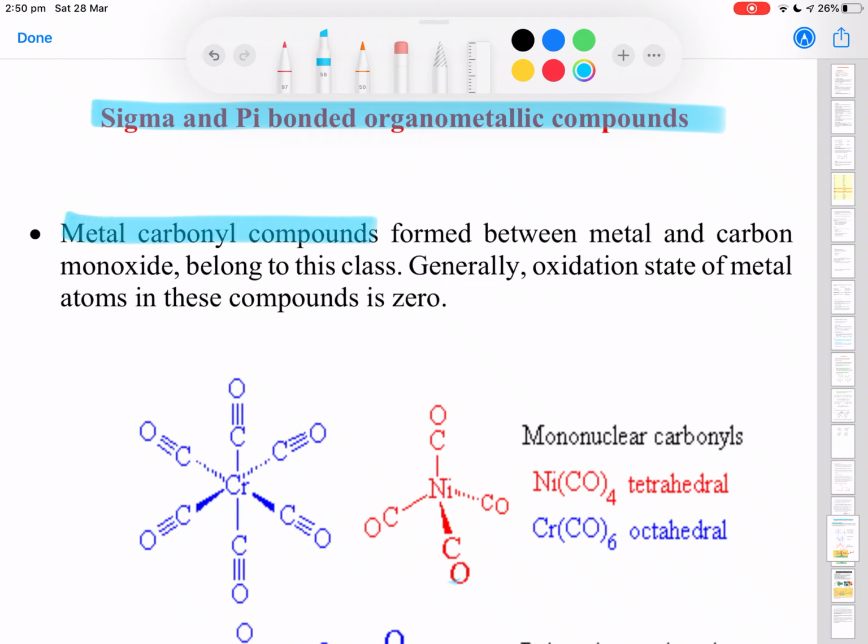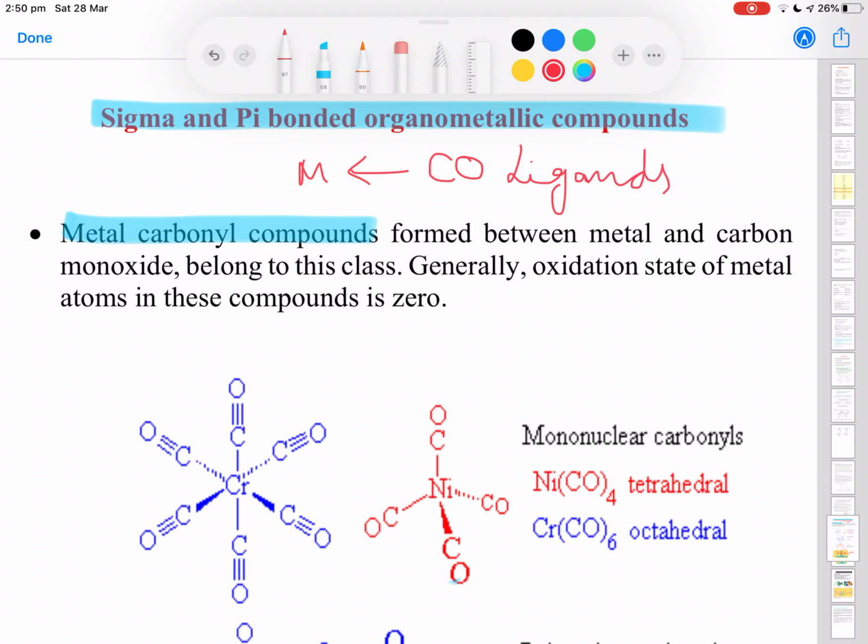And you know carbon is considered a member of organic compounds, or indeed all organic compounds are made up of carbon. So when there is an association between the metal atom and the carbon atom in any of the ligands, for example, here we are taking the case of the carbonyl group, that is carbon monoxide acting as a ligand, such types of compounds are classified as organometallic compounds.